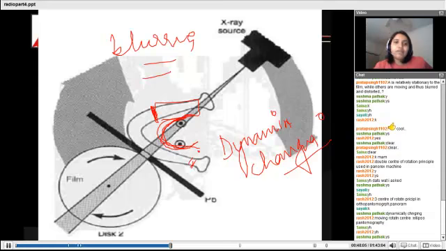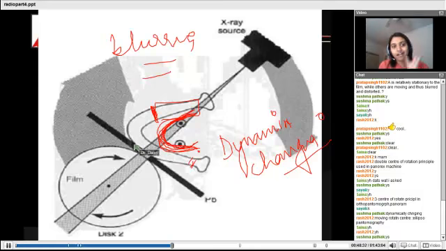Now, whenever we have a center of rotation, the aim of it is to keep this particular object in a zone wherein the image comes totally stationary with respect to the image receptor. That was our main purpose of having the center of rotation.